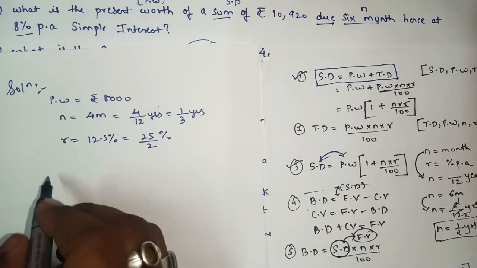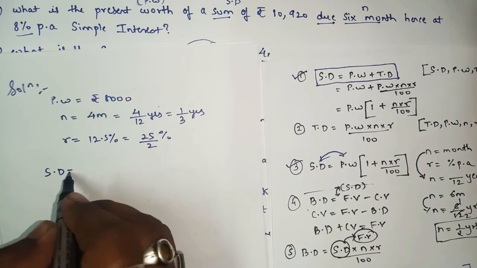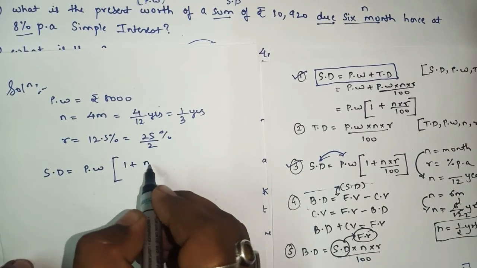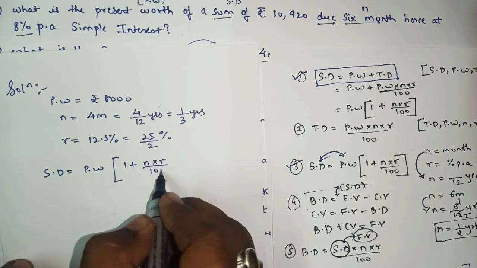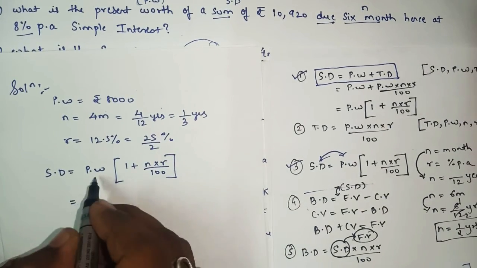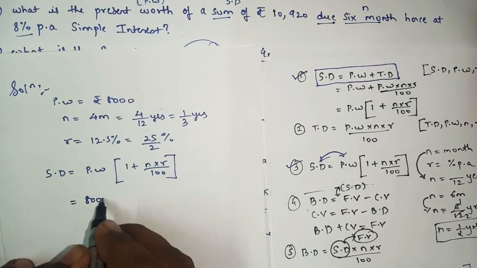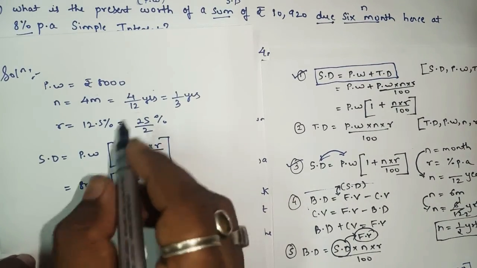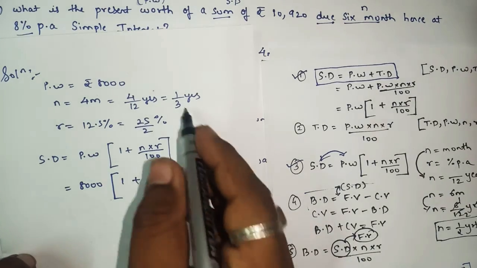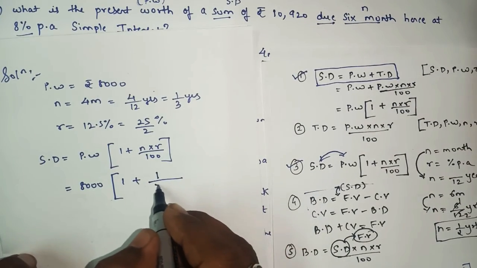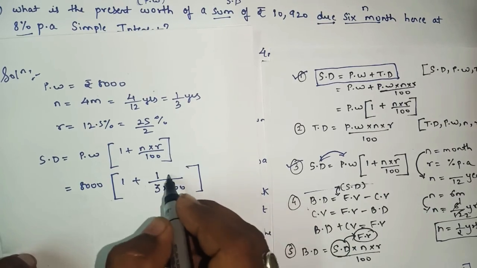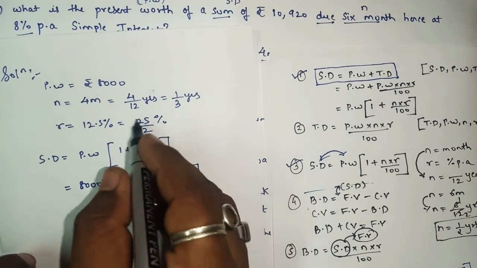Now we'll apply this formula as SD is equal to PW into 1 plus N into R upon 100. So your PW is what? 8,000. 1 plus N is what? 1 by 3, so 1 will be in the numerator and 3 will be with 100 in the denominator. R is what? 25 upon 2.